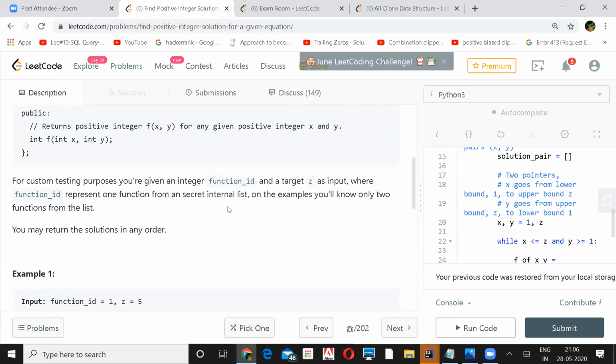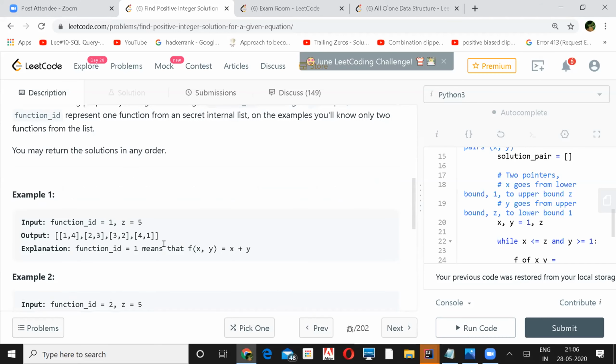They have told us the function ID is something internal and secret. On the examples, we will know only two functions from the list. Otherwise, how will we decide the definition of the function? Seeing this output only, right? Their sum is 5, so f(x, y) would be x plus y.